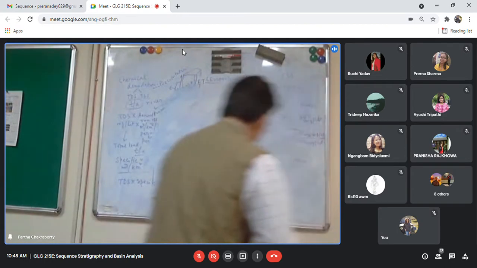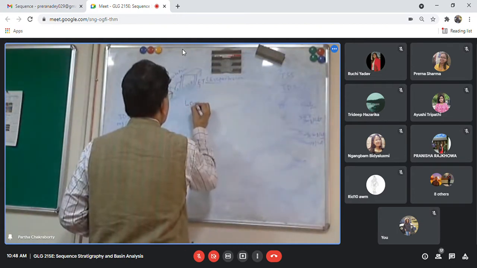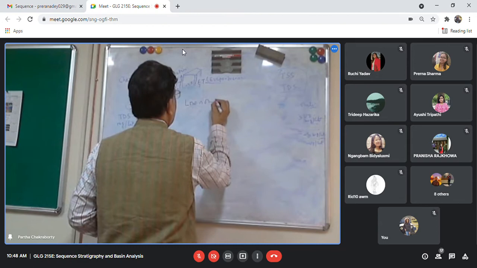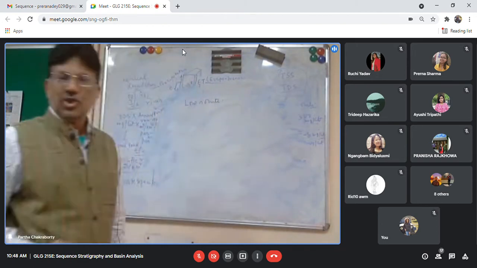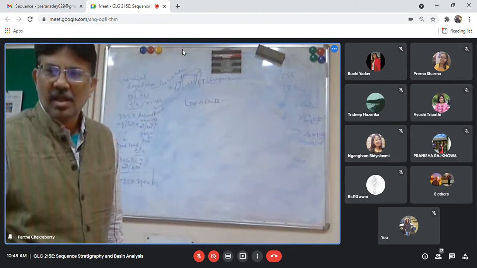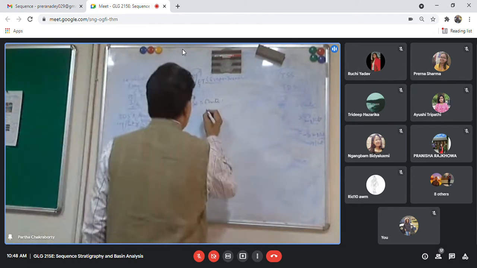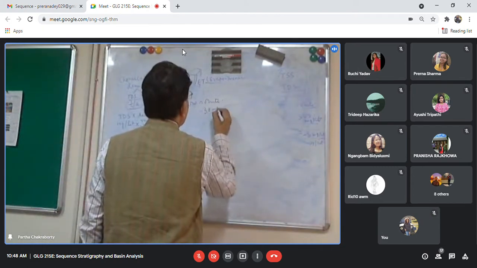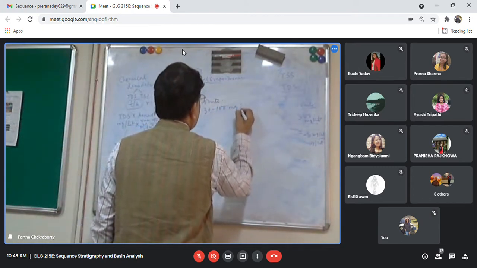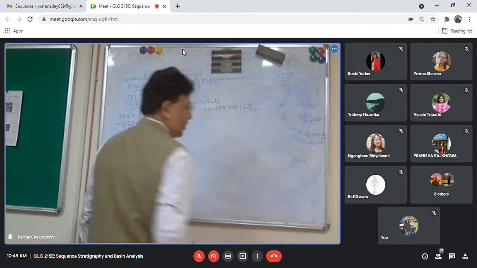So the low solute is where you have 30 to 100 mg per liter. Then we call it a low solute.